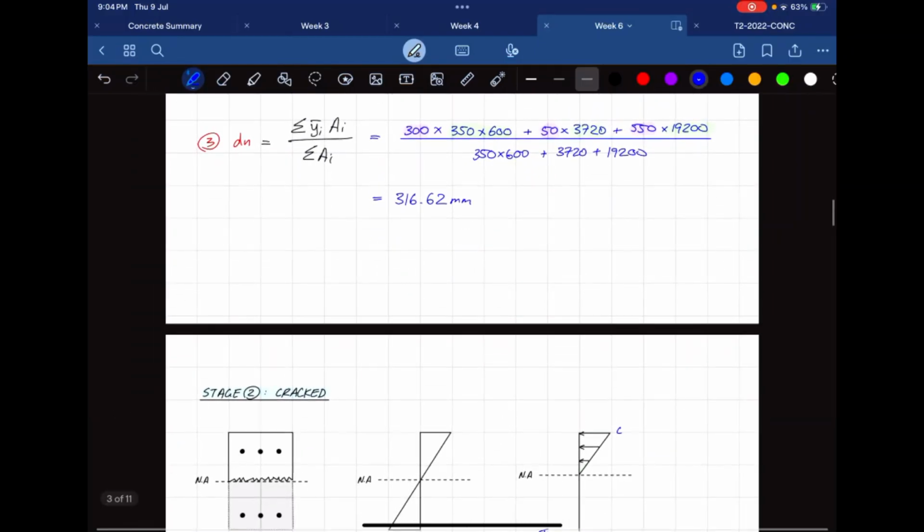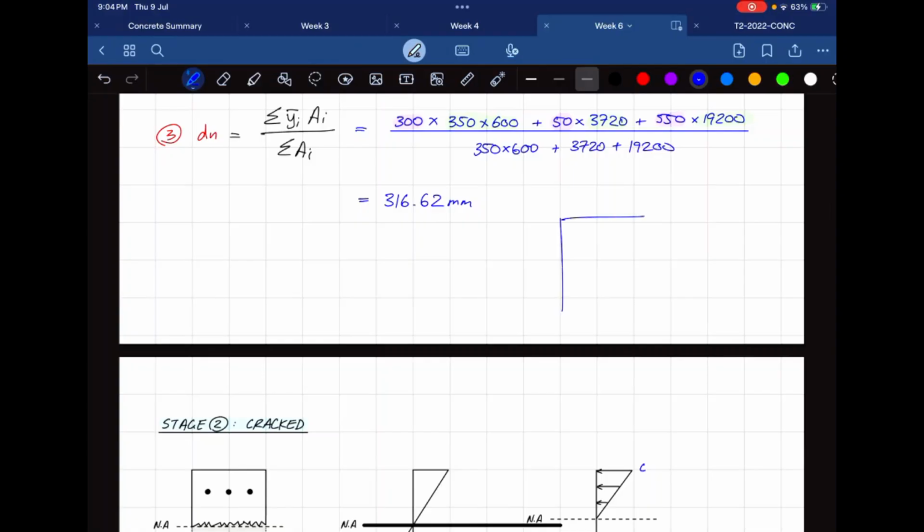So if I draw what it was, we had 4 bars on the bottom, we had 2 bars at the top. This was 600 mm, so the neutral axis lies just a bit below the middle, here.